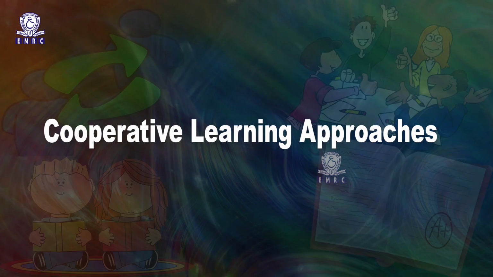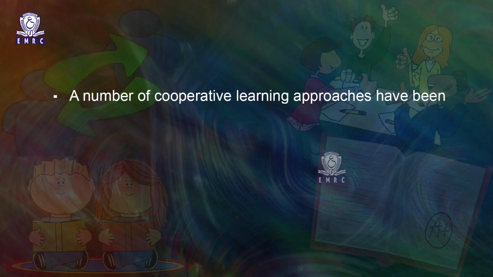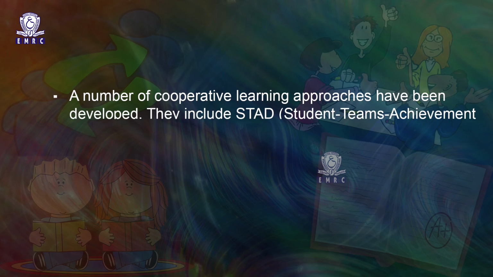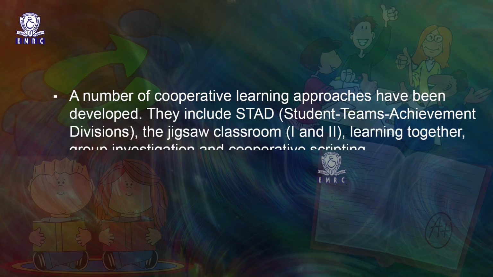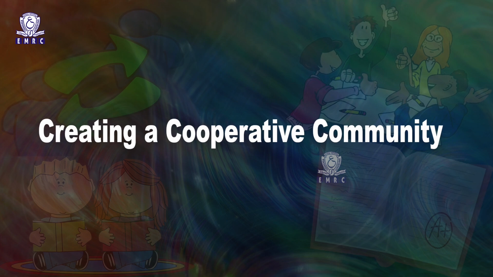Cooperative learning approaches. A number of cooperative learning approaches have been developed. They include STAD, that is Students Team Achievement Divisions, the Jigsaw Classroom 1 and 2, Learning Together, Group Investigation and Cooperative Scripting.